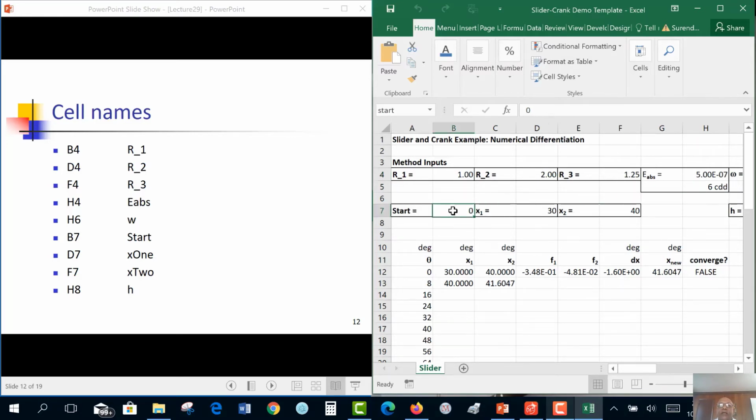Of course, since our method is secant method, we'll have a start flag, so another name. We need 2 guesses. So we have x1 and we have x2. So let's change these names.